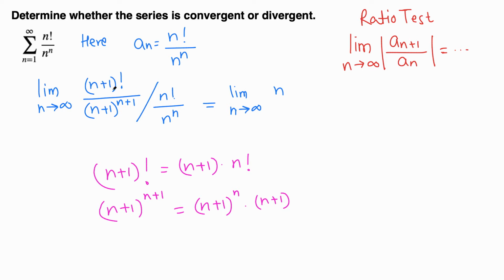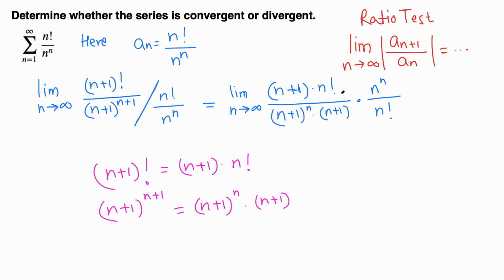So (n+1) factorial on the top is (n+1) times n factorial, over (n+1) raised to n times (n+1), as we discussed earlier. Division becomes multiplication, so this fraction flips: n raised to n over n factorial.